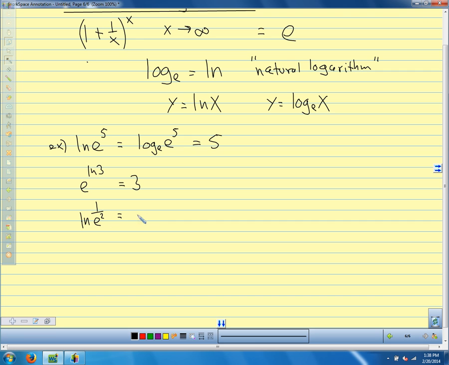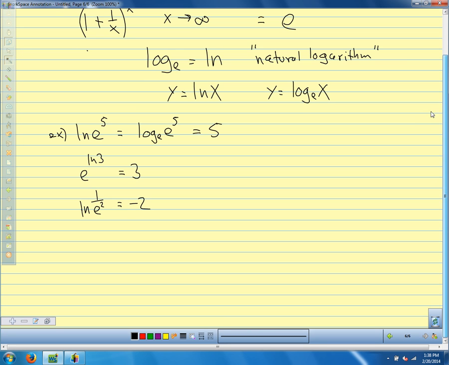Negative 2. This is e to the negative 2. Log base e of e to the negative 2 is negative 2. All right, questions on those? So natural log, think log base e.